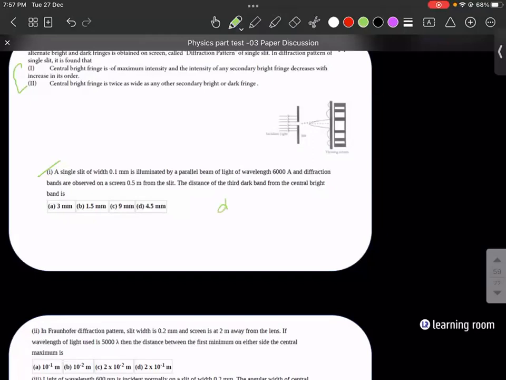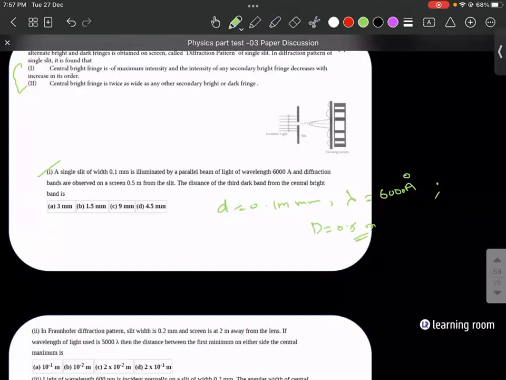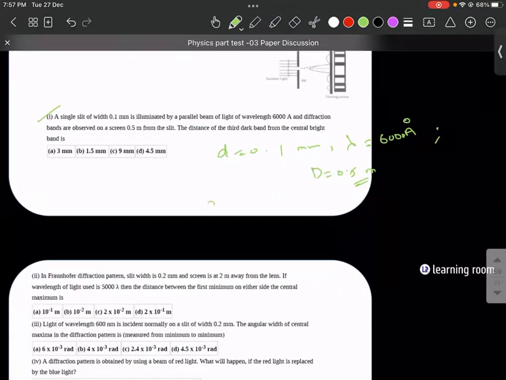So what are all the values given? d is 0.1 millimeter, lambda is 6000 angstrom, capital D is 0.5 meter, right? So for third dark band, what is the condition? d sin theta should be equal to 3 times lambda.